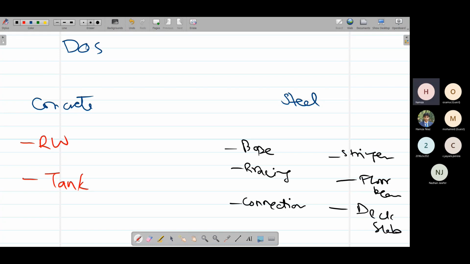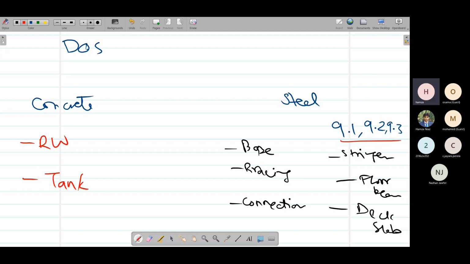So for membrane, just try to follow examples 9.1, 9.2 and 9.3; in some books it is 9.3, and in some it is 9.2 and 9.3. These three examples covered all these three topics in the steel structures book.